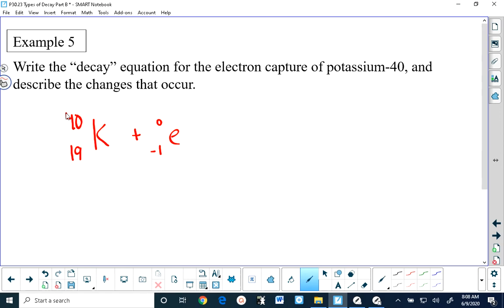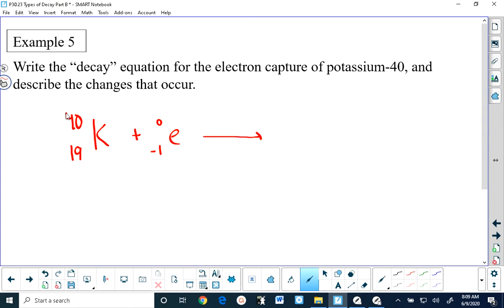I suppose you could use the beta symbol because a beta particle and an electron are the same, but usually beta as a word and a symbol is reserved for beta decay. And this is not beta decay. You could put beta here instead of E. It wouldn't matter, but I prefer the E.